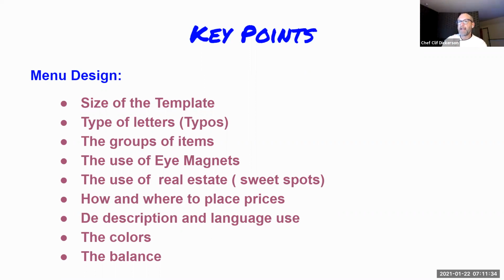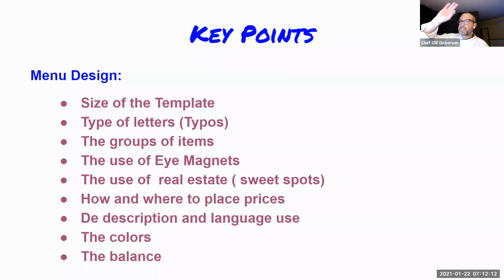We were talking about eye magnets and where things are located, and how the specific spots on a menu are kind of the sweet spot. And we watched a video on how even changing a menu location or just items on a menu really changes the look of it completely and allows the customers to see it a little bit more.